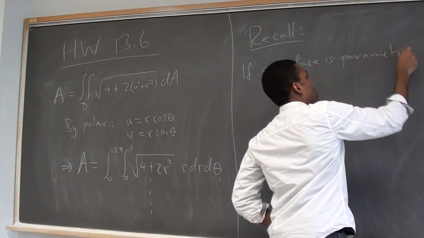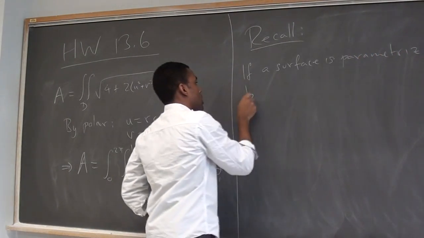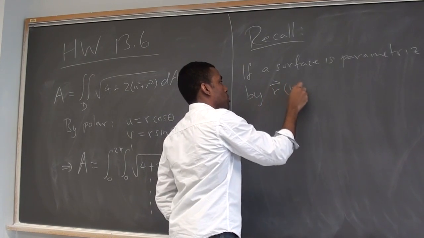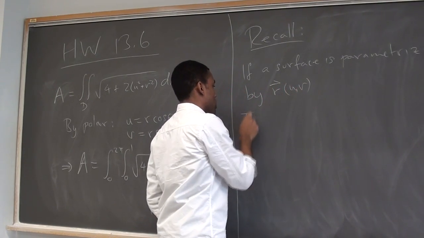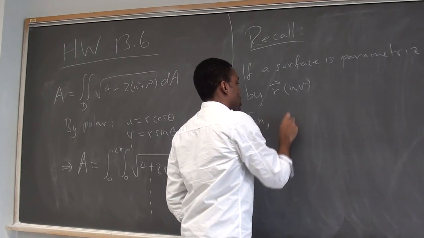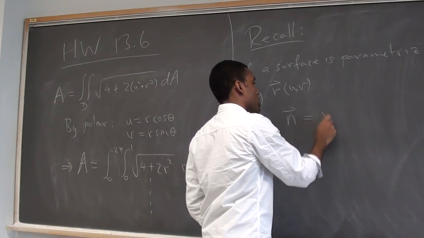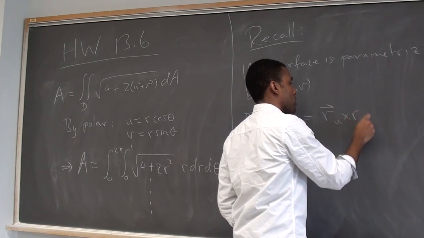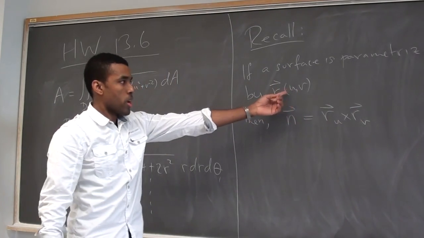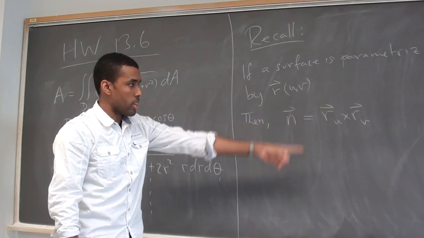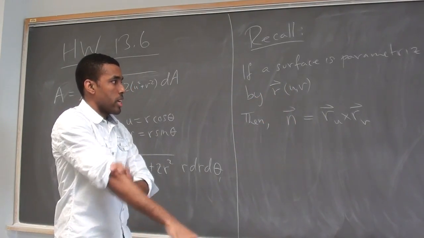All right, so recall what we did last time was that we found that if a surface is parametrized by a vector function, then the normal vector to the surface will be given by r_u cross r_v, right? Where r_u is just the partial of the components with respect to u, and you get a vector, and the partial with respect to v, you get a vector.